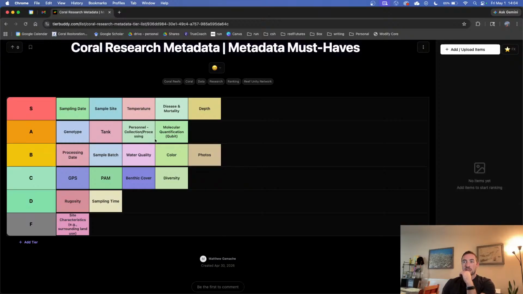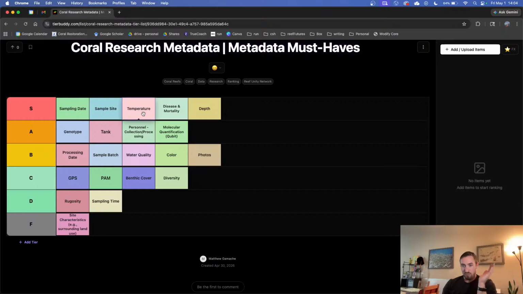But honestly, there's still a lot in S tier, but I don't know if I would move any of these others. Depth is an important consideration. Disease and mortality is usually a great phenotype.